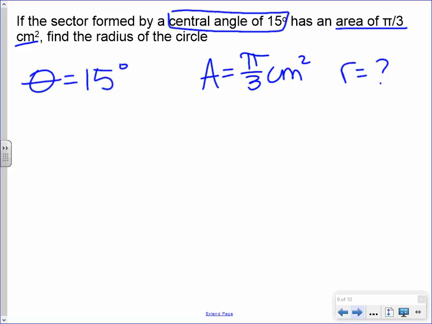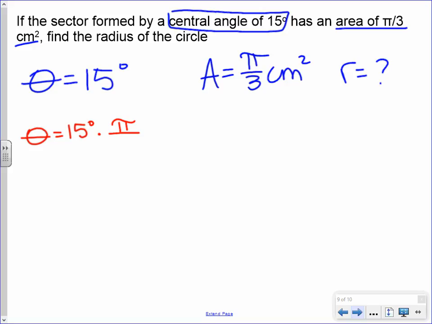Okay, so our first issue is that our angle is not in radians. What do we multiply 15 degrees by to get it from degrees to radians? Pi is a part of it, but we can't just multiply by pi, we have to multiply by 1.